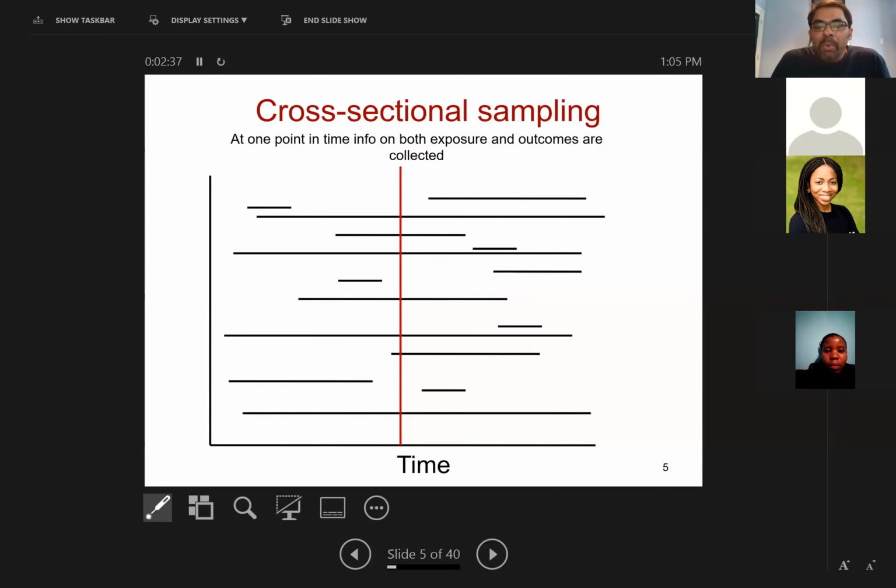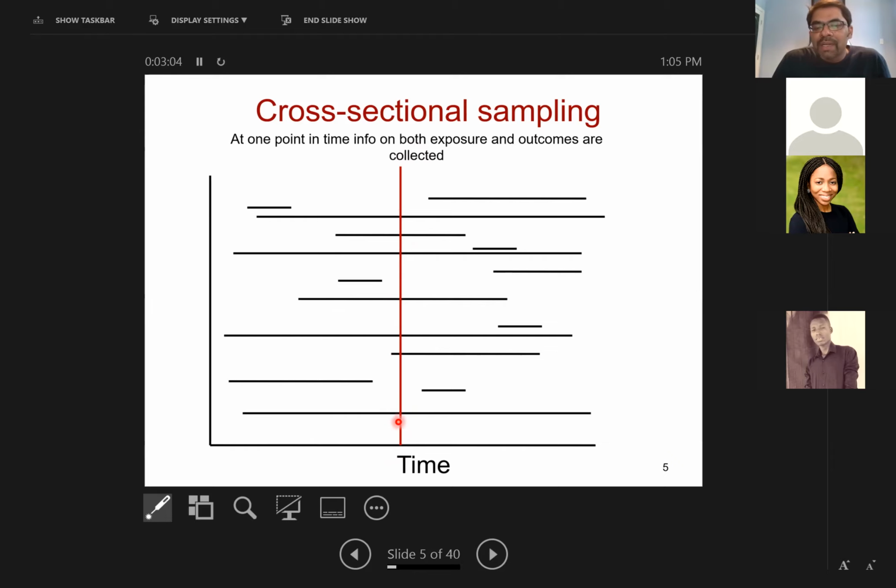So at one point in time, we generally collect all the information about exposure and information about outcomes at the same time. For example, in addition to collecting information on COVID antibodies, we could also collect information on exposures such as the age of the people, the gender, whether they're smokers or not, whether they have COVID symptoms or not.